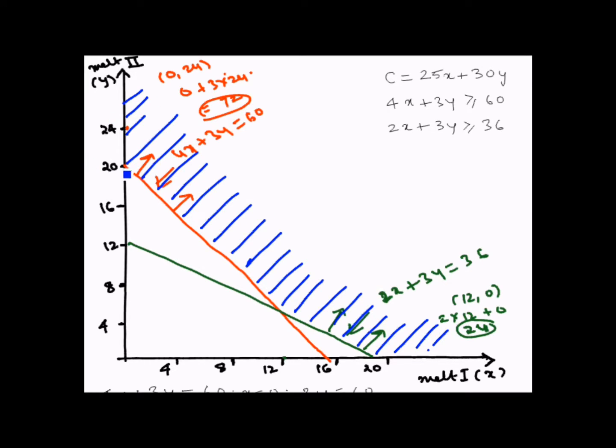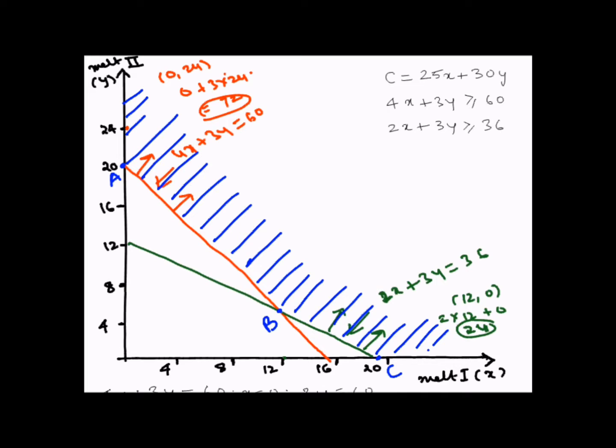So here we can note down the edges of this region as A, that is this point here, then B, which is this point here, and C, which is this point here.